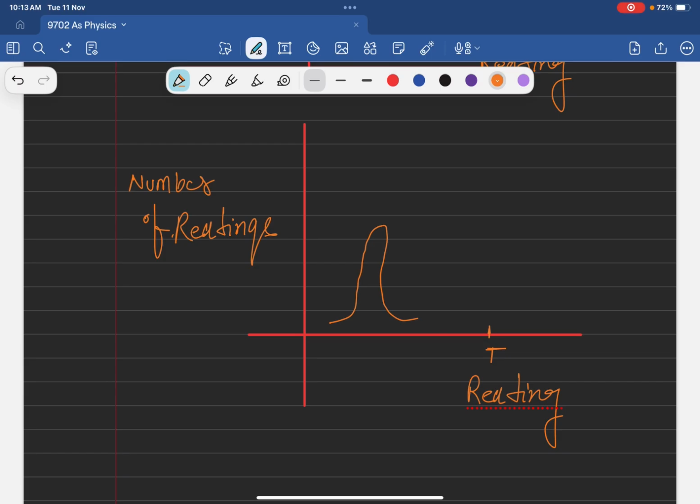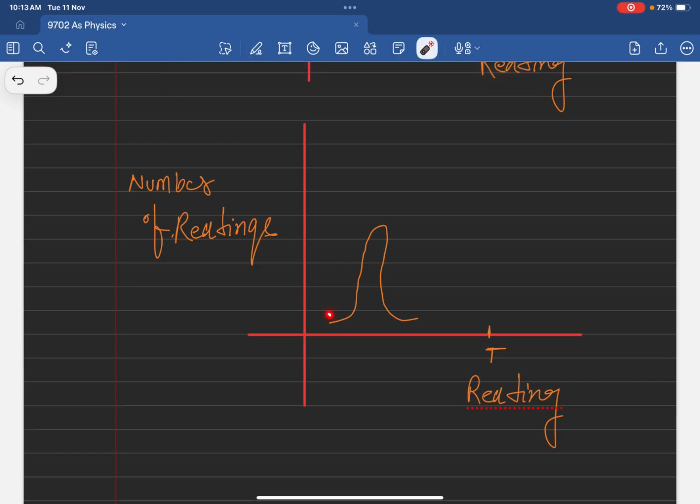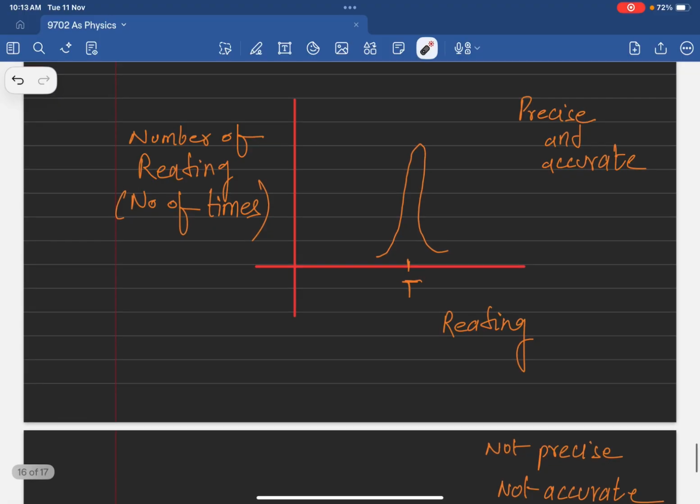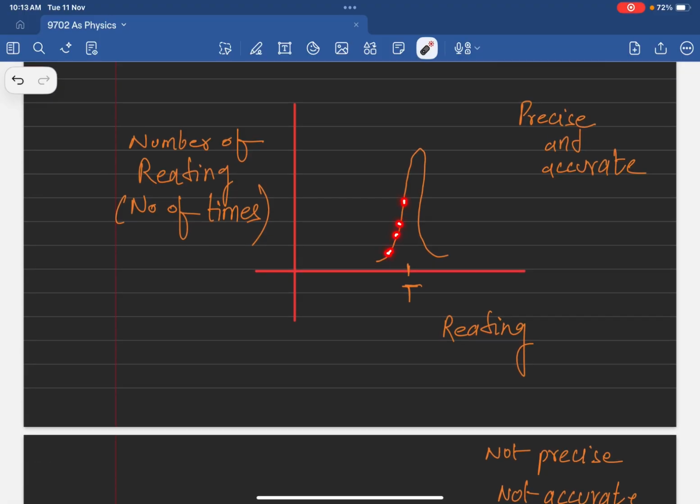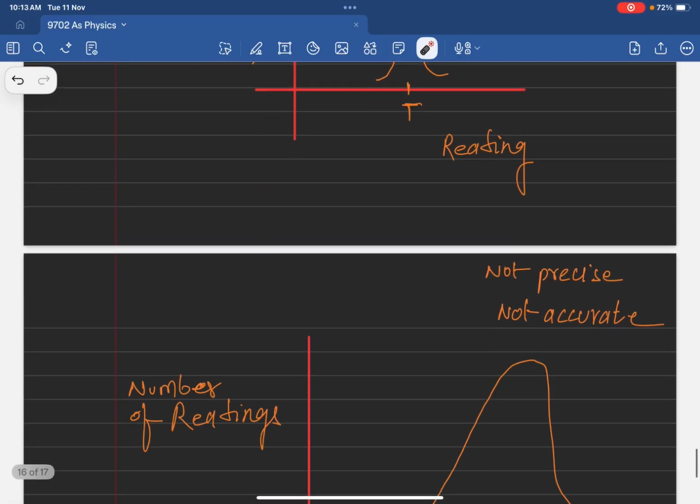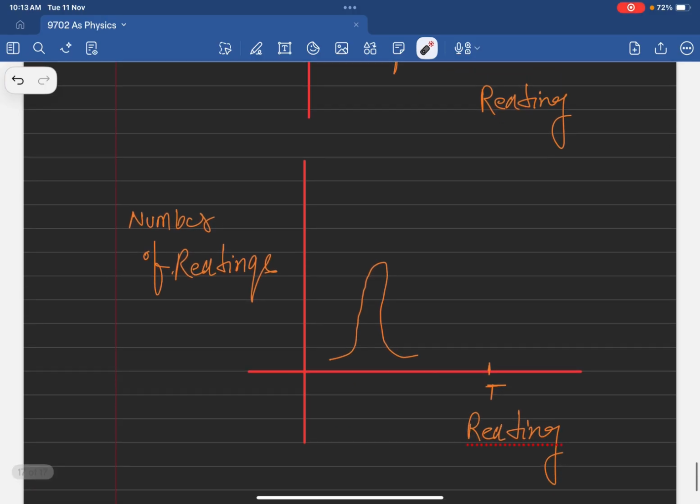See, the graph is narrow. It means readings are close to each other. It looks pretty similar to the first one. It means that this measurement is precise, but the true value is very far away from this graph. It is somewhere here. So that is the case.